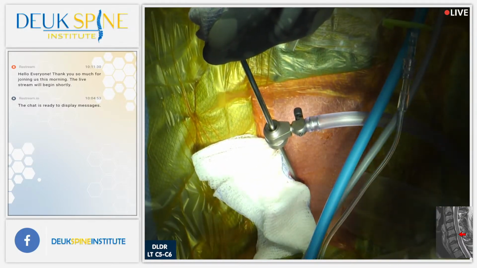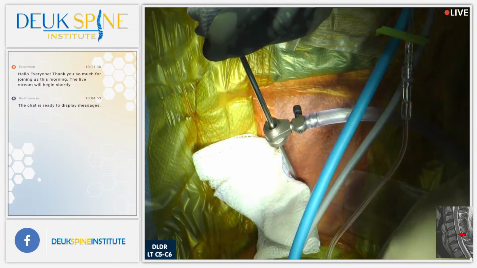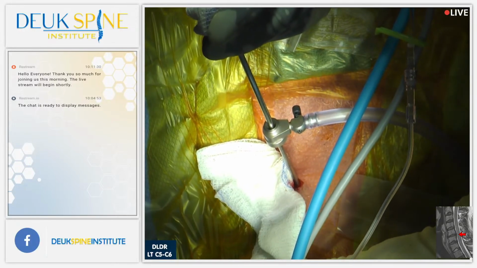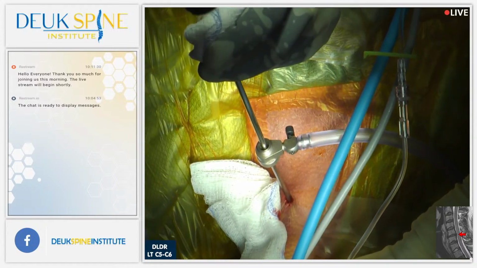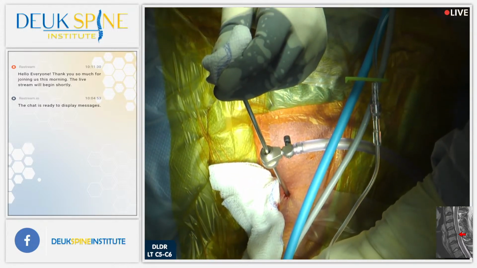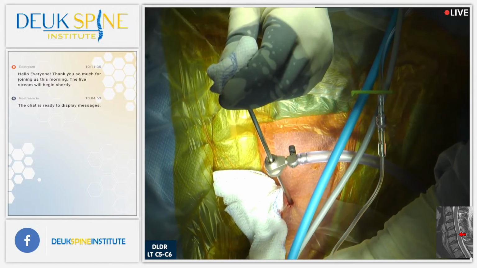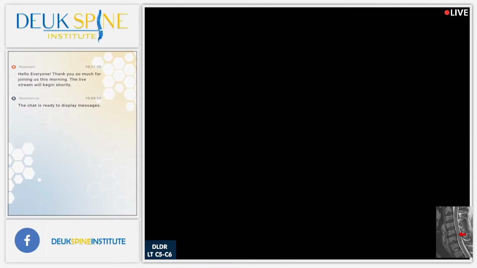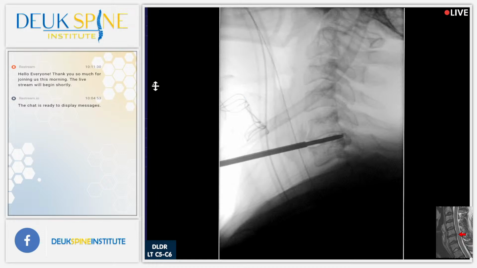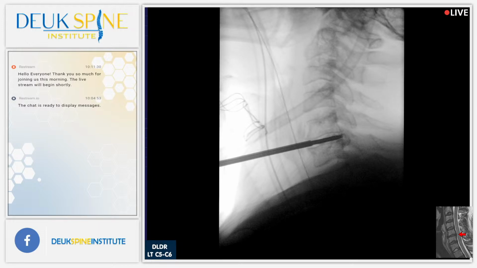All right, I could use a little inline traction at this point, Dr. B. So I'm going to advance the tube now along the dilator to the back of the disc. But I've got to keep an eye on the tip of the dilator to make sure it doesn't go in, and Luis is going to help me with that. All right, you can see the tube advancing.